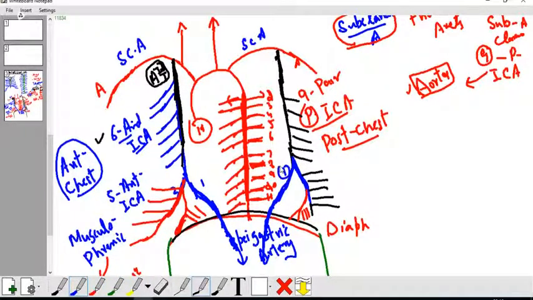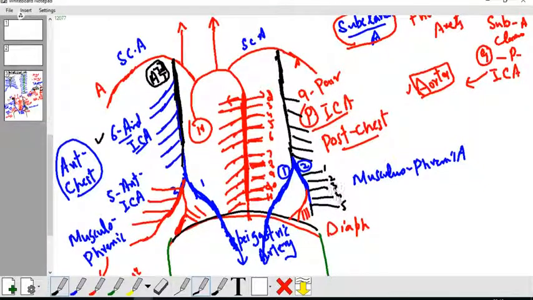The internal thoracic artery divides into 2. Number 1 here is the epigastric, this one. Number 2 here is the musculophrenic artery. This musculophrenic artery first gives short branches, 1, 2, 3, 4, 5.